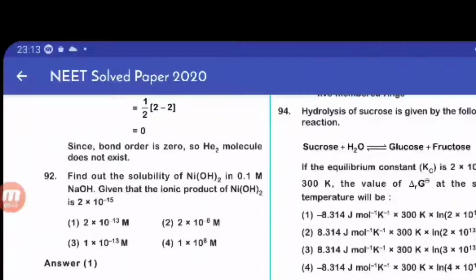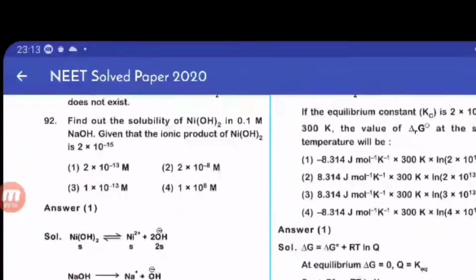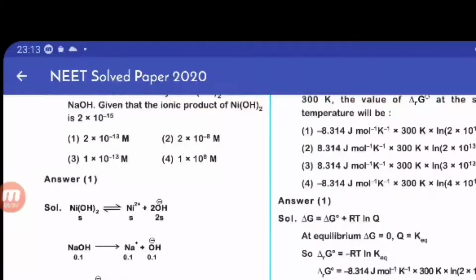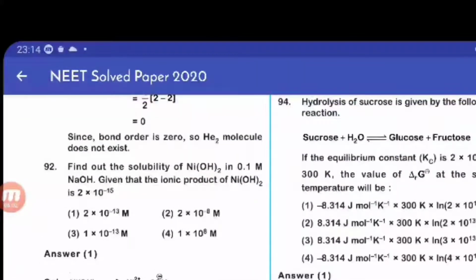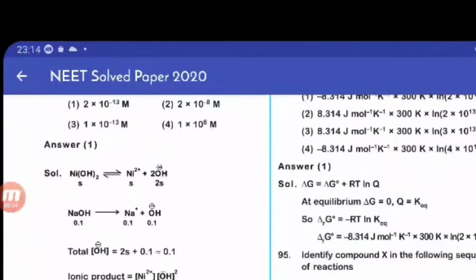ln Q will be the value of Q, which is given as 2 into 10 to the power 13. Temperature is given, so we'll put the value. Delta G at equilibrium: since it is the equilibrium constant, at equilibrium delta G will be equal to 0, and Q, the reaction quotient, is nothing but the equilibrium constant.